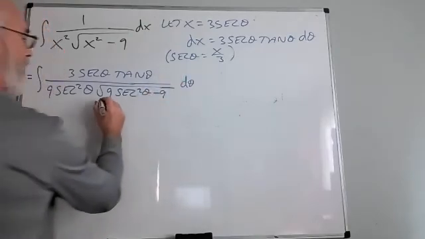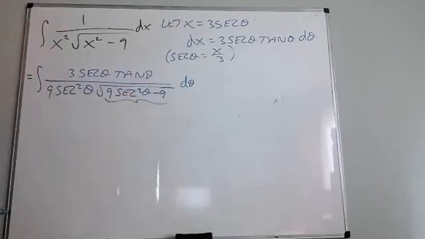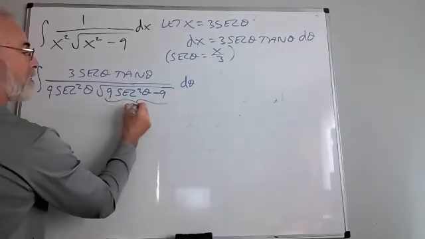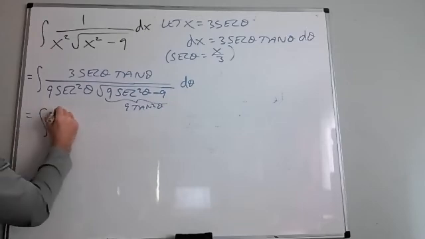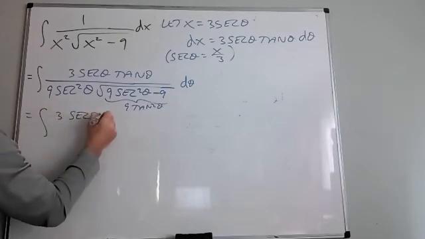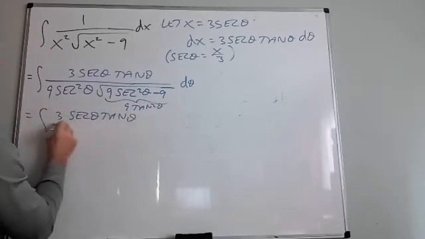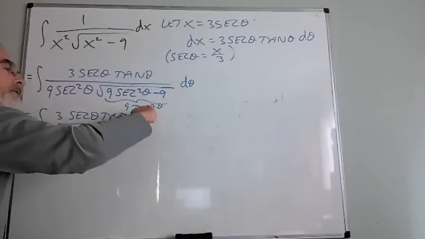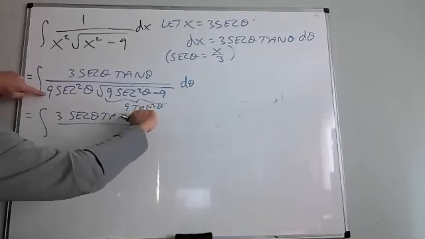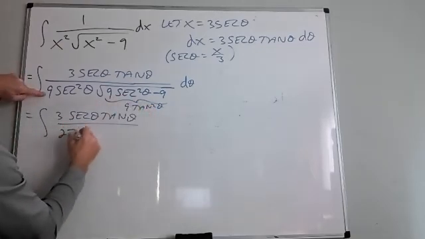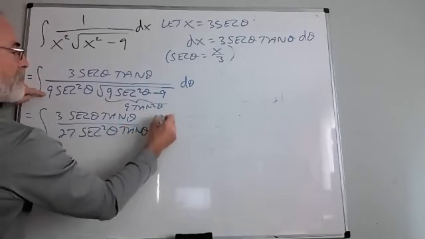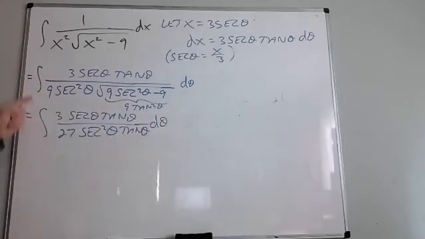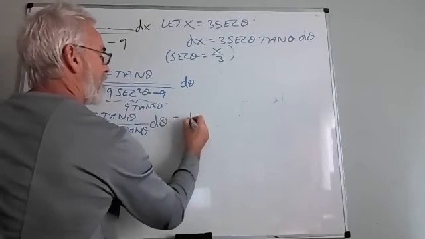Now this quantity right here, 9 secant squared minus 9 is 9 tan squared. So now my numerator, 3 secant theta tan theta, the square root of this will be 3 tan. So along with this would be 27 secant squared theta tan theta. Now again, the constants cancel nicely, so I'll have 1/9.